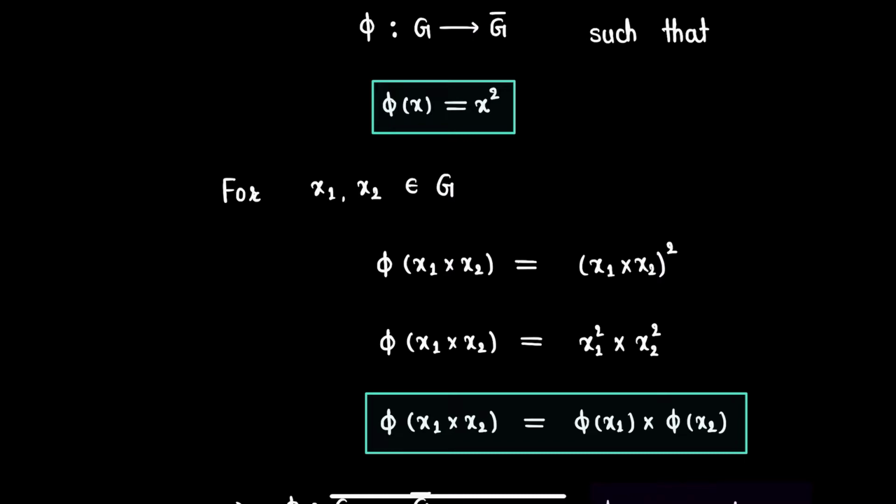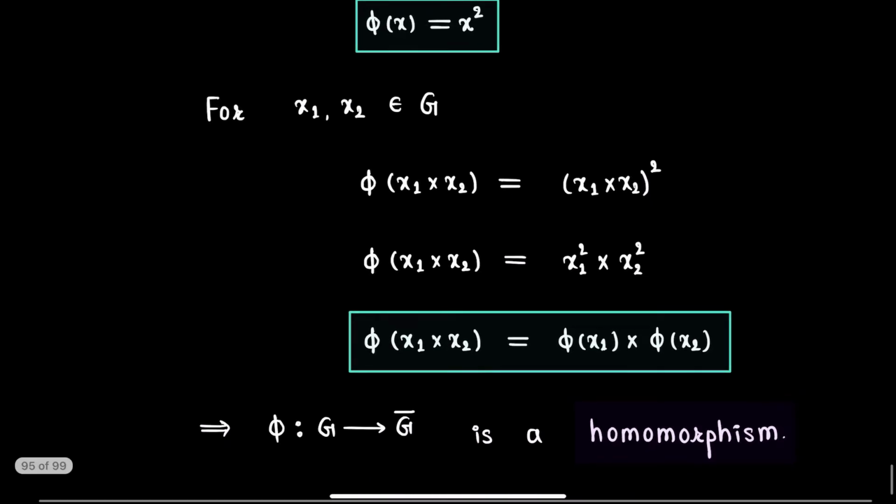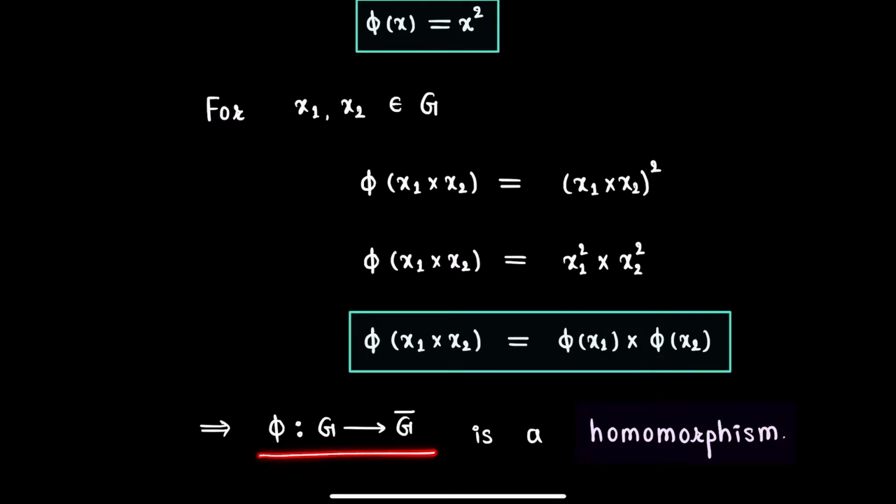From that we get x1 multiplied by x2 whole square will be equal to x1 square multiplied by x2 square, and therefore phi of x1 multiplied by x2 will be equal to phi of x1 multiplied by phi of x2, and thus phi from group G to group G bar is a homomorphism.